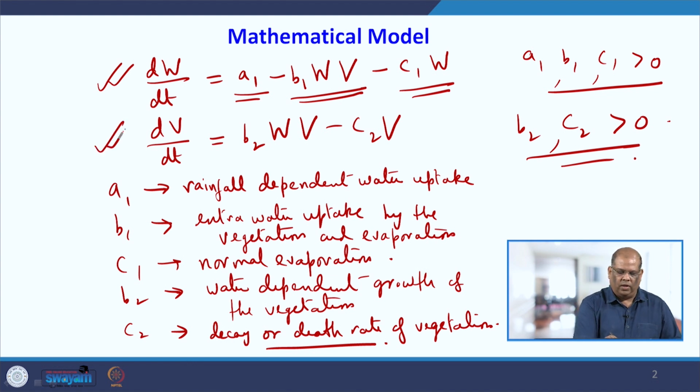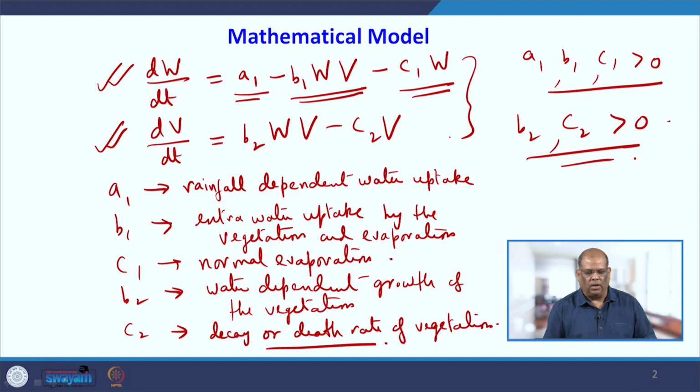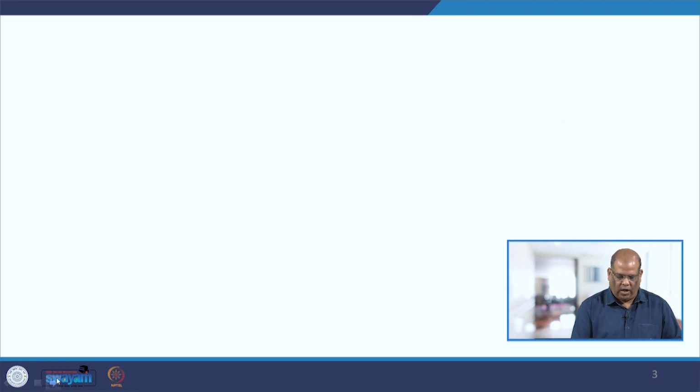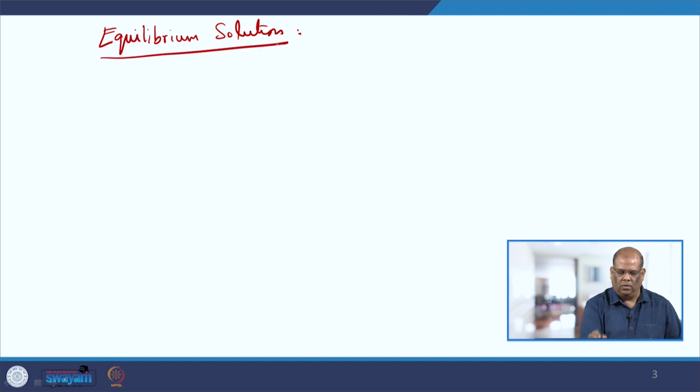So, once we have the formulation of the model of the water and the vegetation, let us go for the analysis. The very first thing which we look into is the equilibrium solution. To find the equilibrium solution, we put A1 minus B1 W V minus C1 W equal to 0, and B2 W V minus C2 V equal to 0.